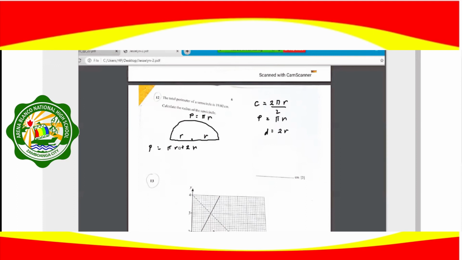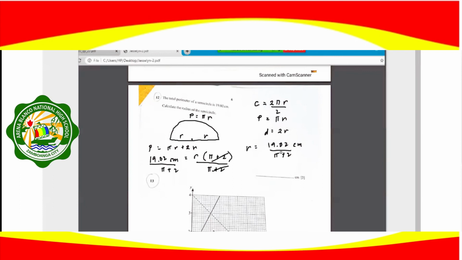Okay, can you follow now? Yes. Okay. Now, since it says there that the given perimeter is 19.02 cm, we factor this out. We have r times pi plus 2. Correct? Yes. So we divide pi plus 2 to both sides. Therefore, r is equals to 19.02 cm all over pi plus 2.